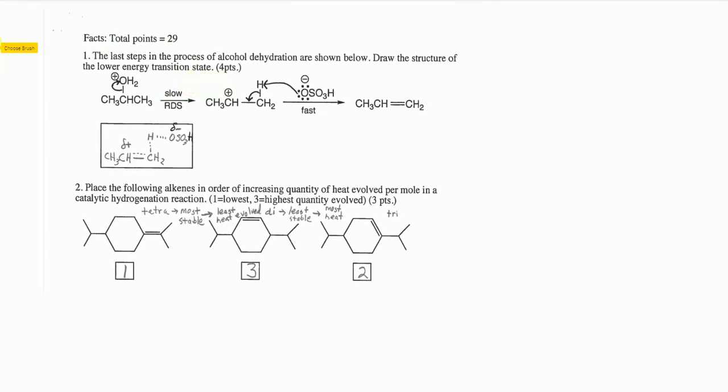It should be all based on understanding of the reaction and understanding of double bonds, carbocations, carbanions, carbon radicals, just all the things that you should be familiar with already. So number 1, the last steps in this process of alcohol dehydration are shown below. Draw the structure of the lower energy transition state.